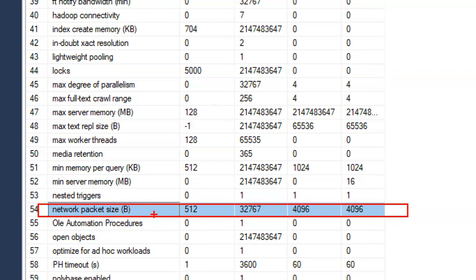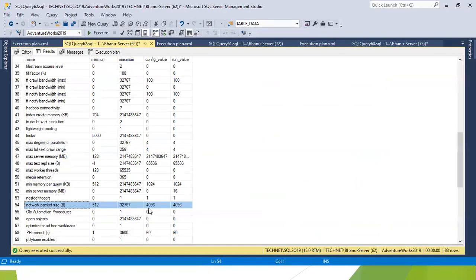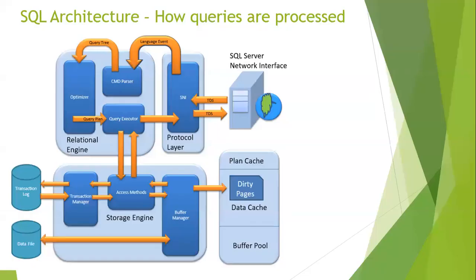It is in bytes, with the minimum and the configured value. The default is 4 KB, 4096 bytes. As soon as this size is full, it will be sent to the other side, source or destination.